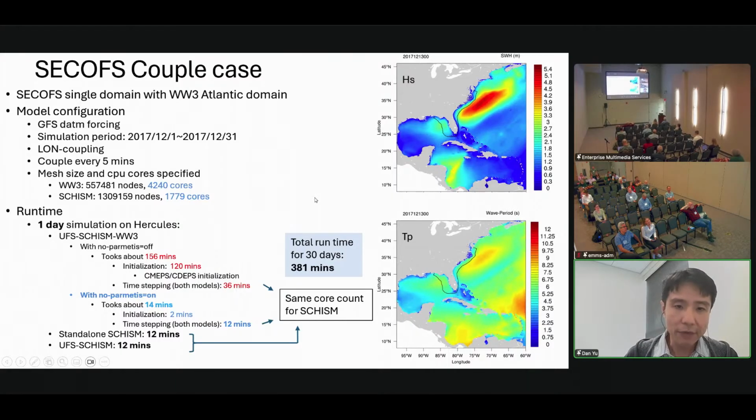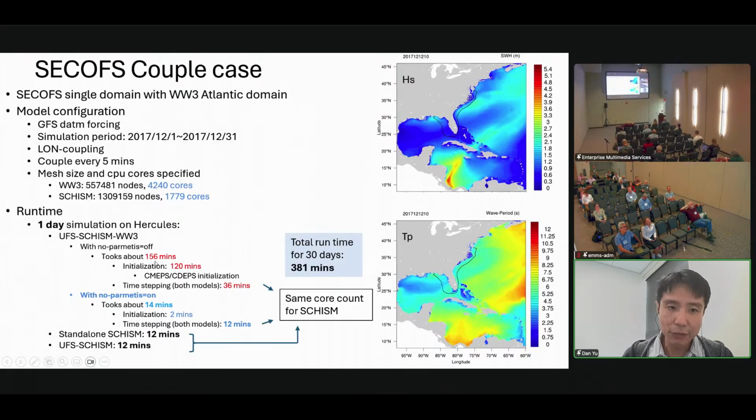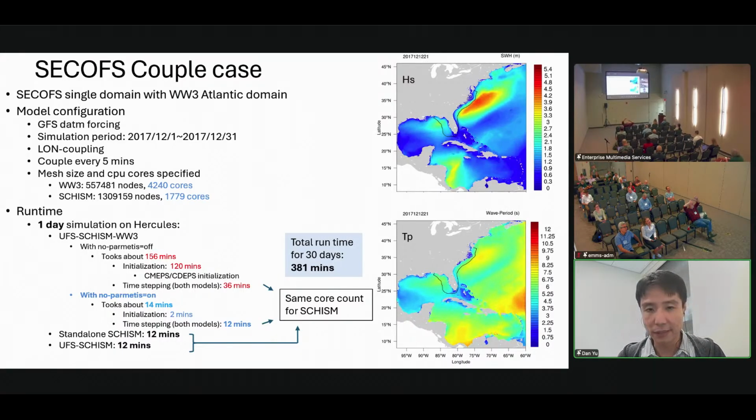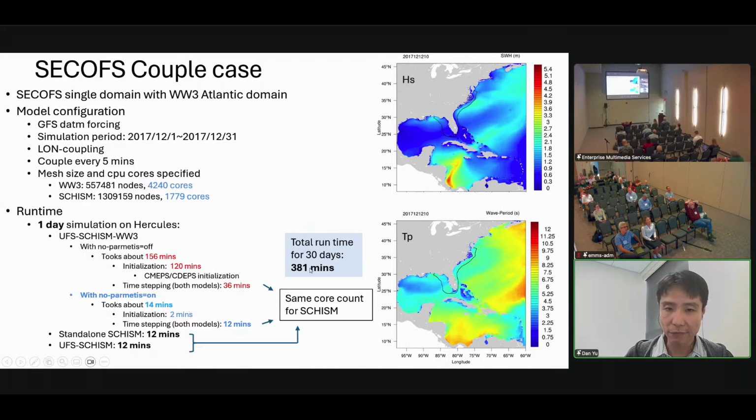In the very beginning, when I tried to test this, I realized the parametric life actually affects the efficiency a lot. After a few tries, I figured it out, and when I turn this off, I can get very decent efficiencies. So for the 1 month run, I can finish within like 6 to 7 hours.